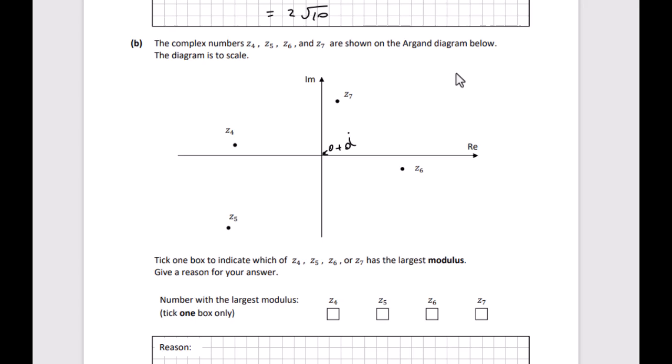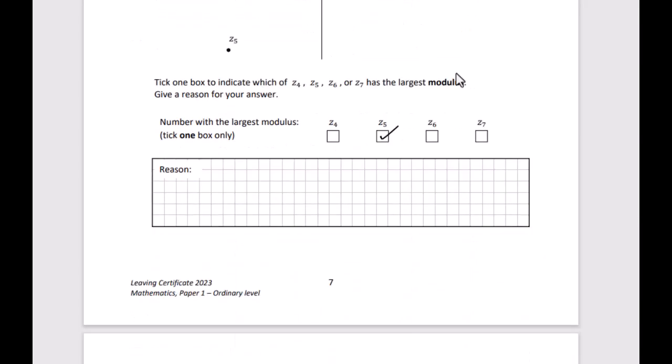So if you look at all of these complex numbers, you'll see that Z5 is furthest from the origin. So Z5 is going to have the largest modulus. So we're going to tick Z5, and the reason is Z5 is furthest from 0 plus 0i, or the origin if you like.